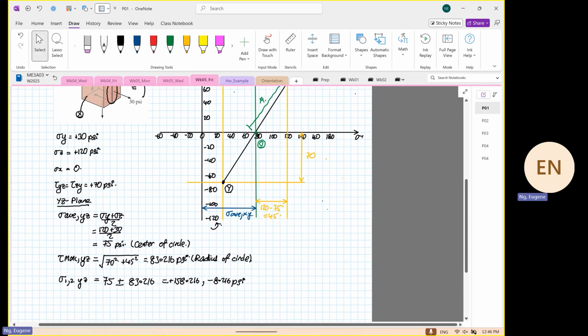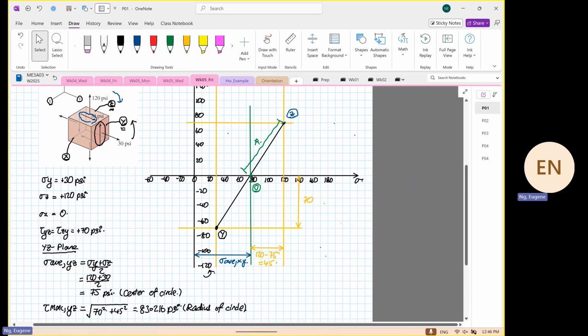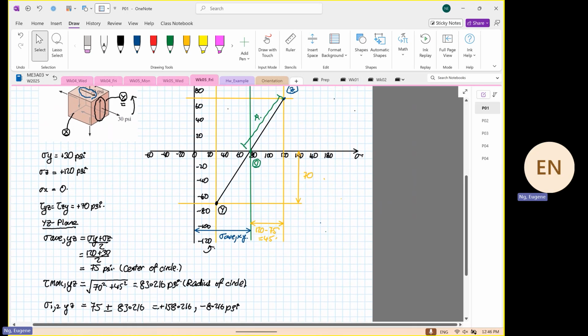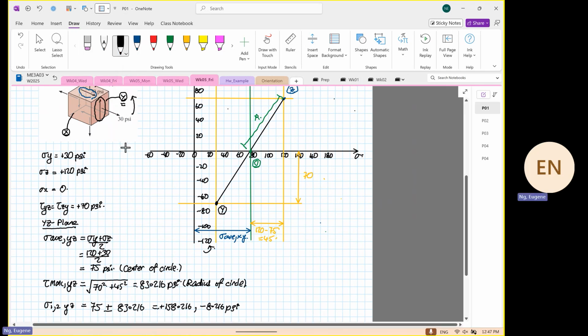So from here, we have our principal planes now, or our principal stresses. So now we can construct the Mohr circle. So we have minus 8. I'm just eyeballing. And then we have 158.